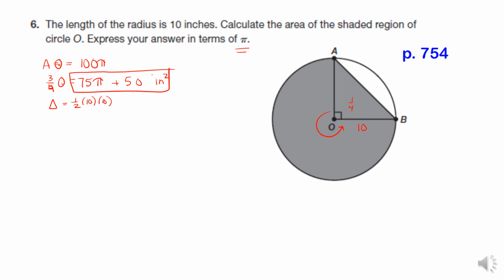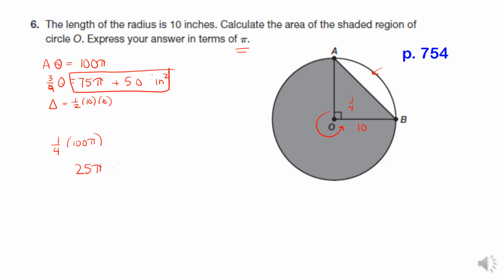Okay? So you could just go ahead and quickly calculate that out. Now, some of you might have thought about finding just the sector and then getting the segment and subtracting that from 100. So let's see if that's actually what we get. So we know that the sector is 1/4 times 100 pi. So that would be 25 pi, which makes sense.